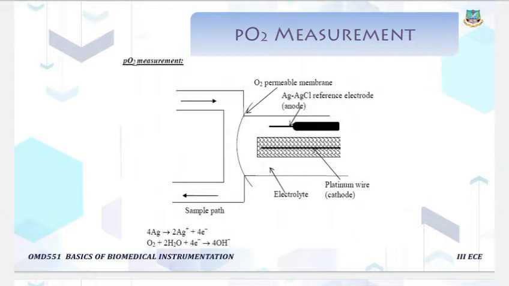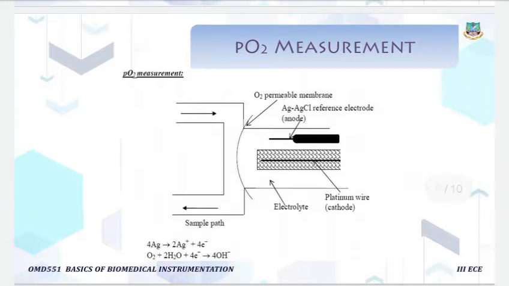A potential of 0.7 volt is applied between these electrodes. The current generated by the system is the measure of the PO2 in that sample. So we apply a voltage of 0.7 volt between these electrodes, and some current is generated in the system.